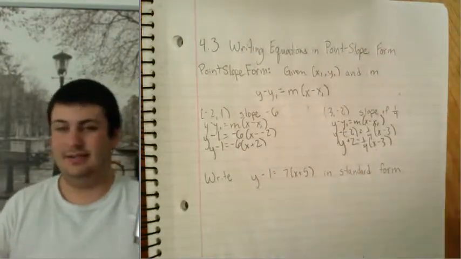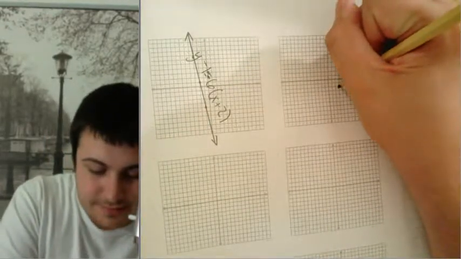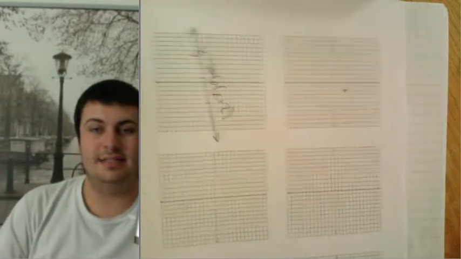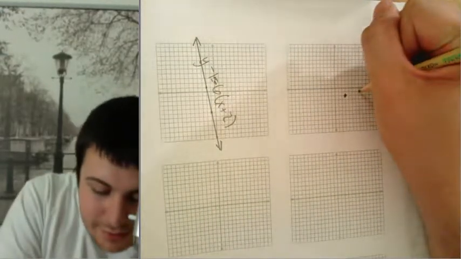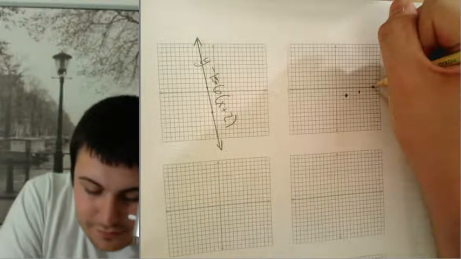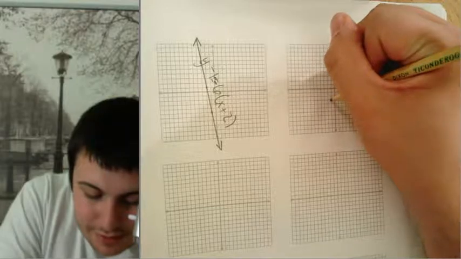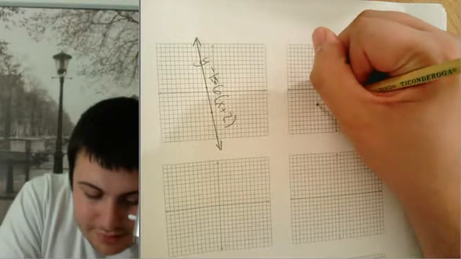Now, when I need to graph, I go to the point 3, -2. And I take a slope of 1/4, so I go up 1 and over 4, up 1, over 4. Or I go down 1, back 4, down 1, back 4.